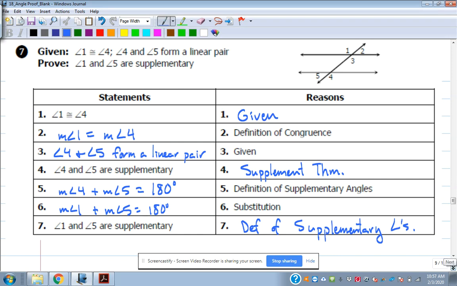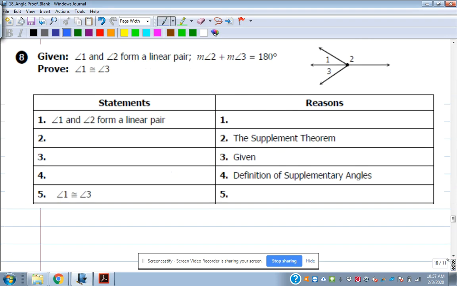All right, let's try number 8 there. Angle 1 and 2 form a linear pair, and then the measure of angle 2 plus the measure of angle 3 is 180 degrees.